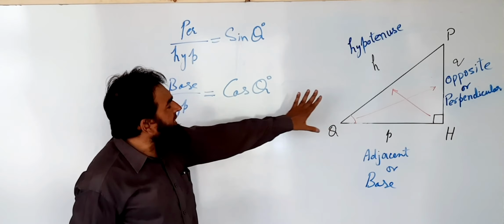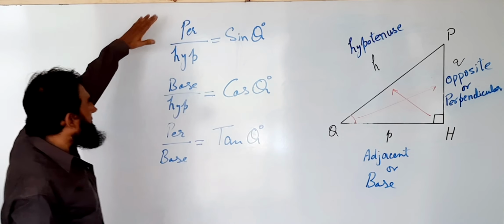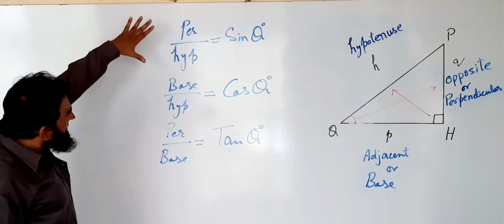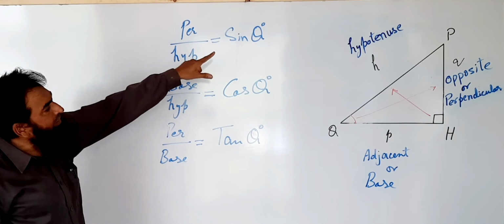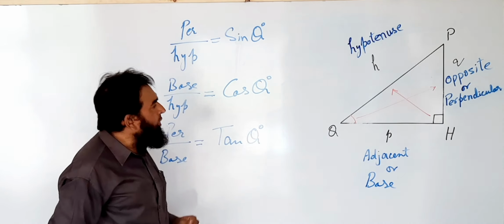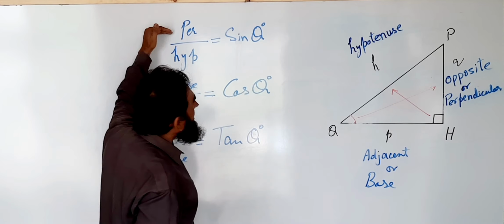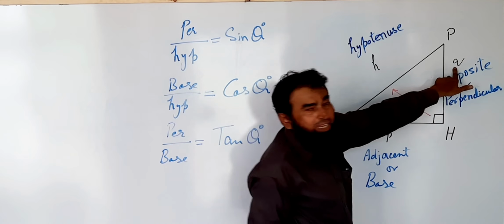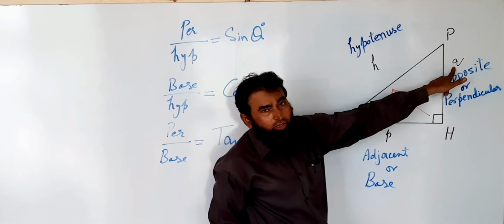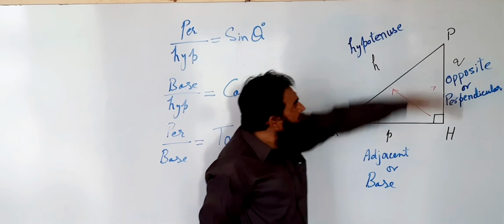So now I have taken angle Q and written all the trigonometric ratios with reference to angle Q. Now if somebody asks you what the side perpendicular is, the measure of the side perpendicular I am taking here as small q. Small q is the measure of side PQ.